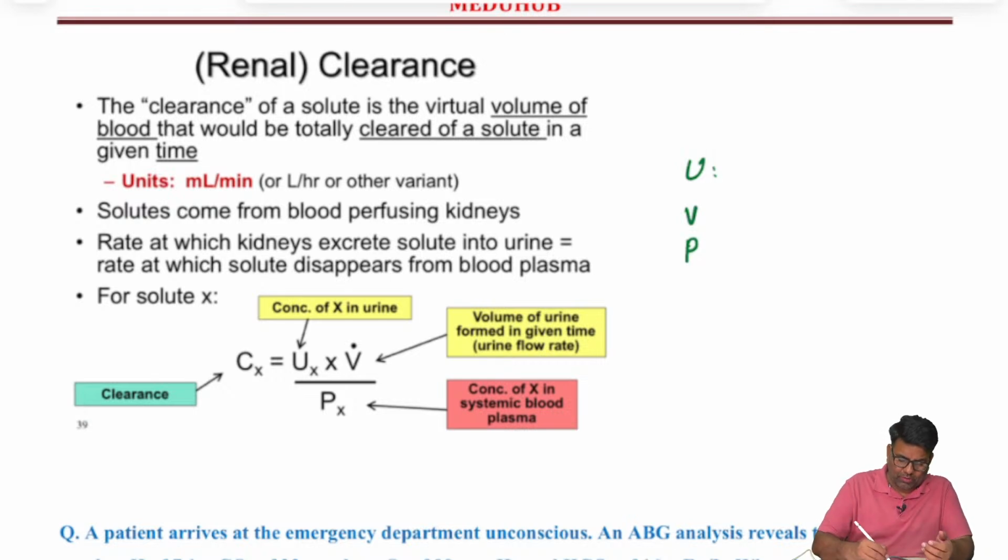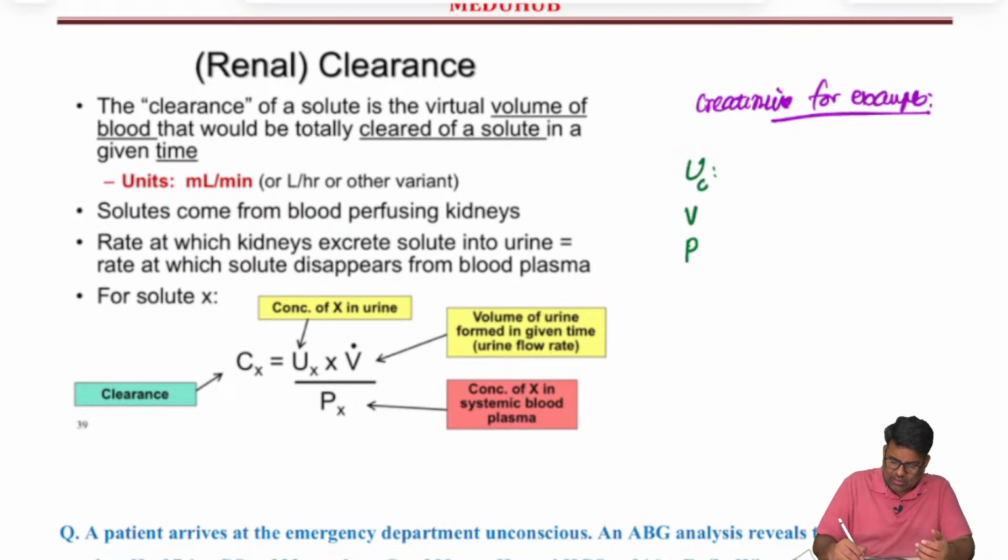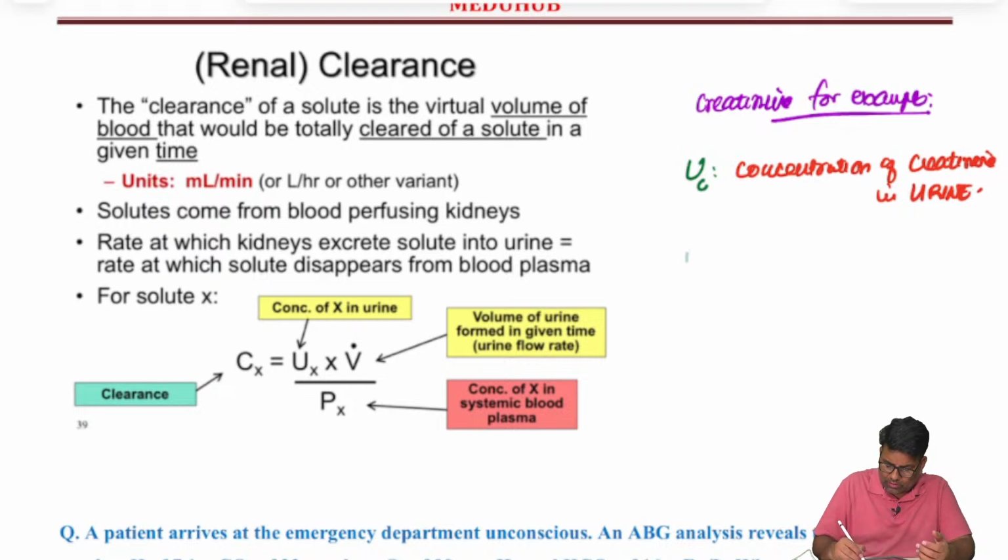So if we are discussing creatinine, for example, then if I write the letter U, this is actually U, right? And UC will be written as the concentration of creatinine in urine. So that is UC.